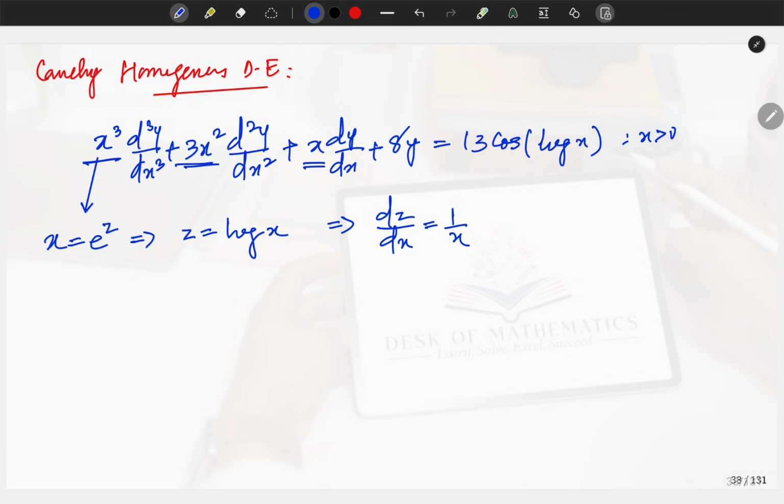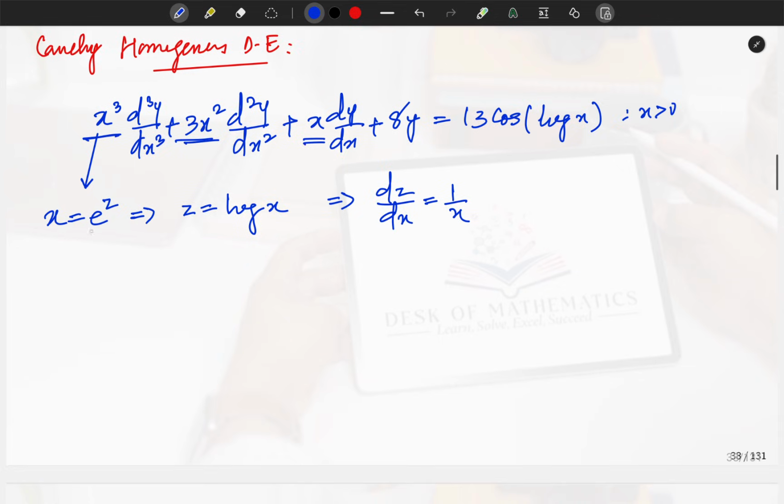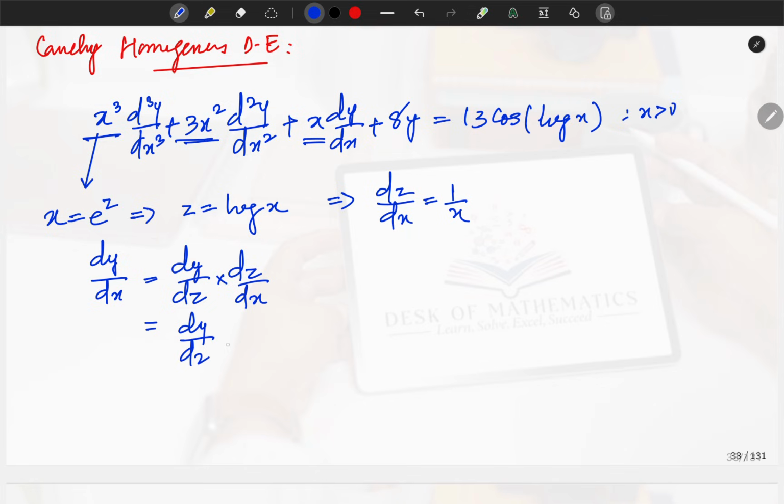But in our equation, it is dy by d of x, d square y by d of x square, and d cube y by dx cube. So now dy upon d of x will be dy upon dz times dz upon d of x. So that will be equal to dy upon dz times 1 by x. So x times dy by d of x is equal to dy upon dz.